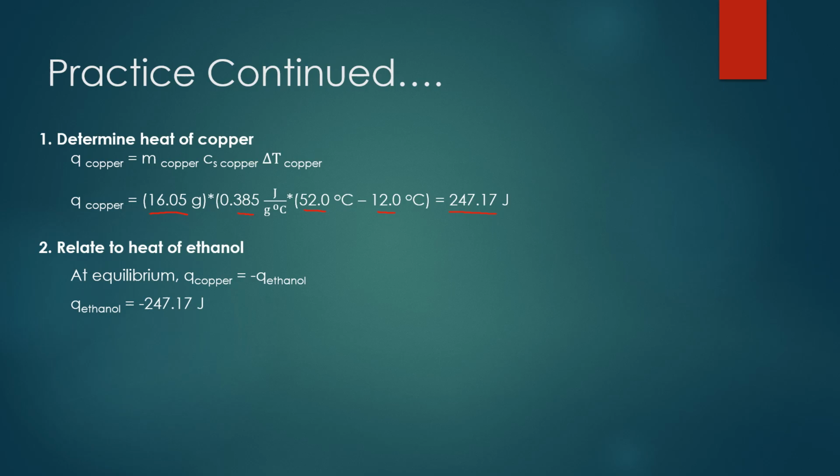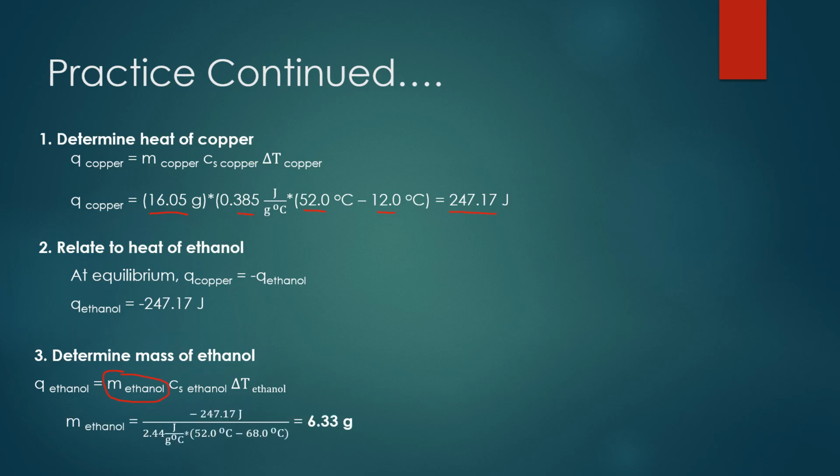Now that we have the Q value for ethanol, we can rearrange the equation for the heat of ethanol, solving for mass, because mass is what the question is asking us to solve for.